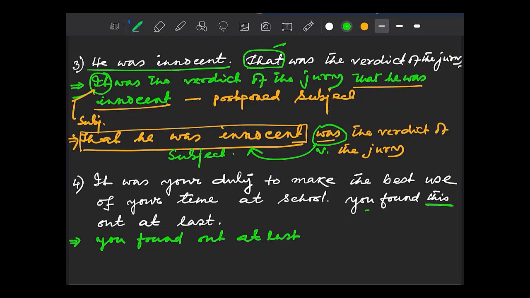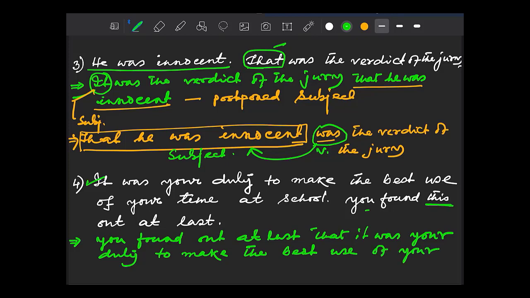In place of this, we'll use this. You found out at last that it was your duty to make the best use of your time at school.